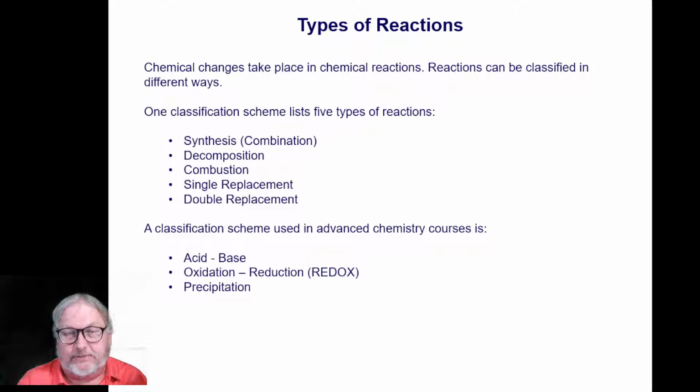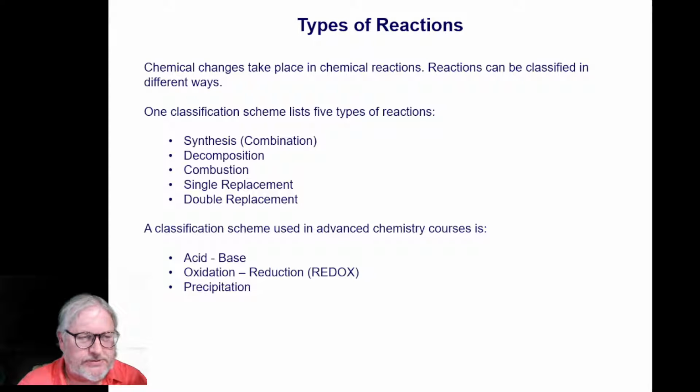Single replacement, double replacement. Now, AP Chem, IB Chem, all right, college chemistry, you're going to be talking about some other classifications. The acid-base reactions, okay, and the redox reaction, or the oxidation reduction, and we'll mention that some for some of you guys.